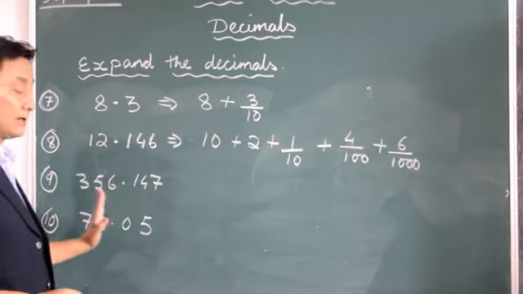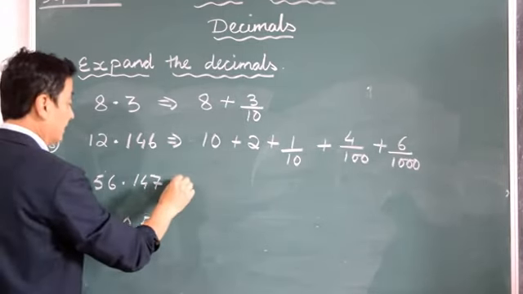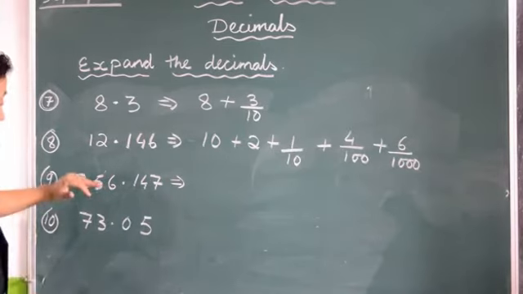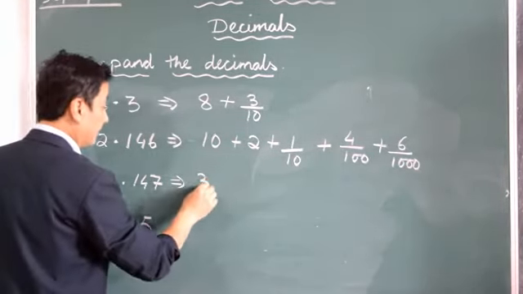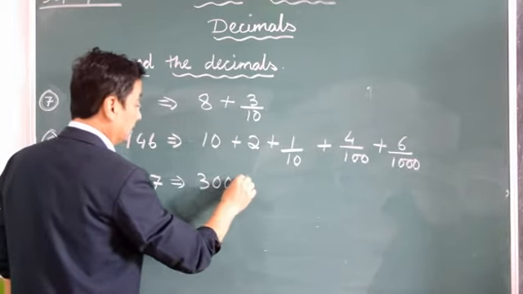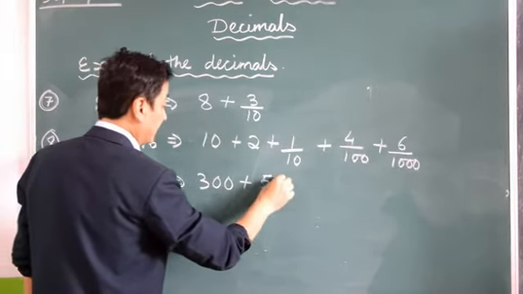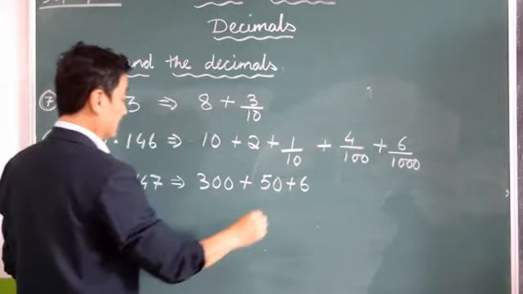Okay? Now the next number here is 356. So let's not look at the numbers that are after the decimal point first. 356. We'll expand the numbers that come before the decimal point. 300 plus 50 plus 6. Now we have finished that.